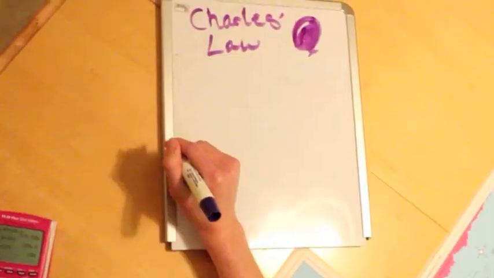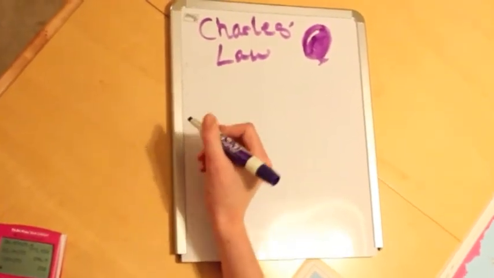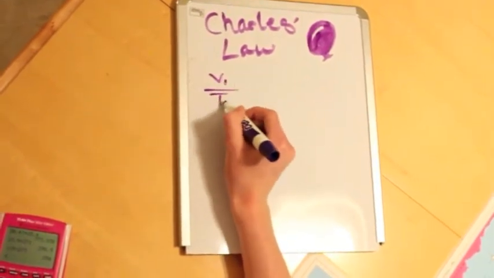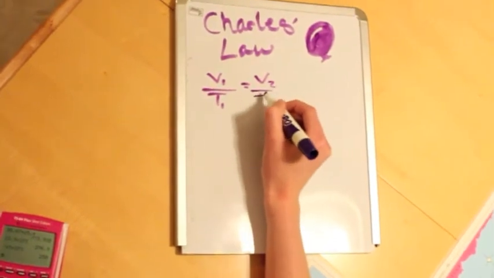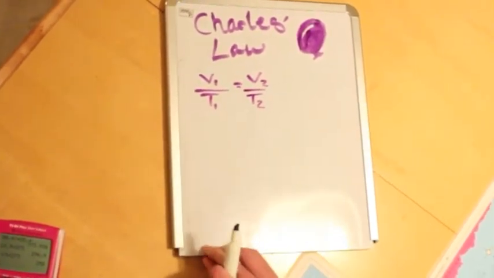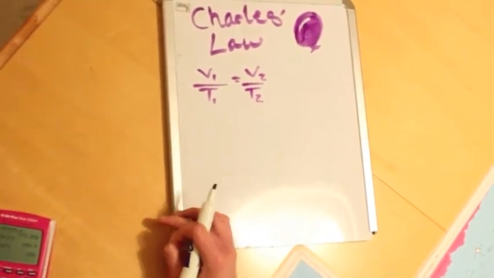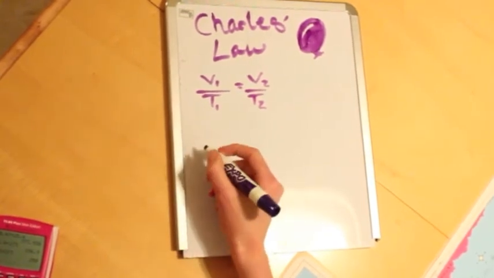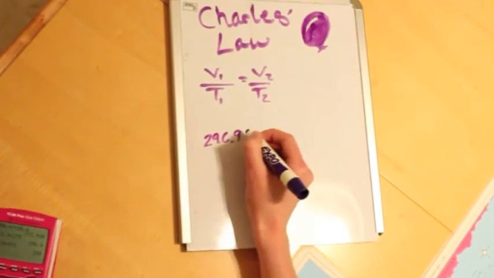Well, Sarah, the equation for our balloon experiment is volume 1 over temperature 1 is the same as volume 2 over temperature 2. Now, the room temperature of our house is 73 degrees Fahrenheit, which translates to 296 Kelvin.